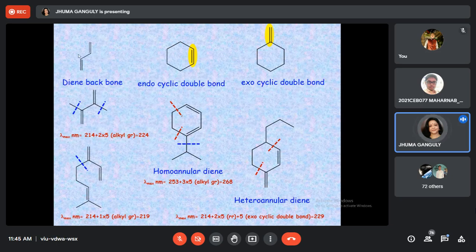This is actually trans butene and this is cis butene. There is a higher lambda max, that means lower energy gap. So this system makes a lower energy gap. The system is different, so that's why the value is 253. There is some orbital overlapping, etc. Okay, ma'am.